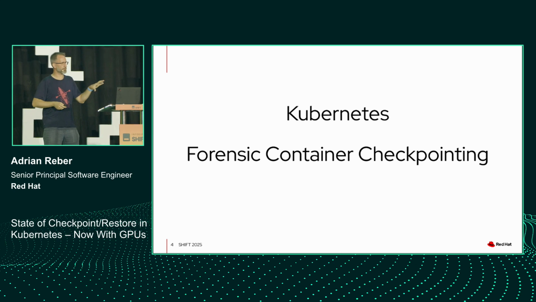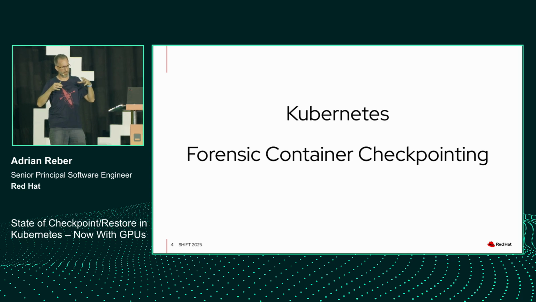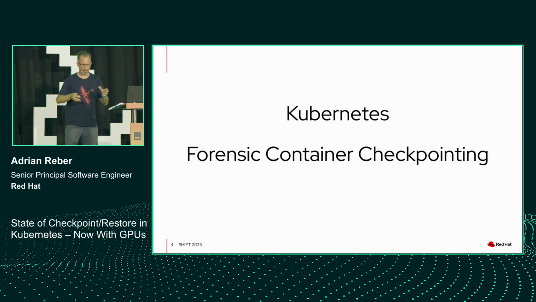The reason why it's called forensic container checkpointing is that when we tried to implement it in Kubernetes, we tried to come up with a story around it, how we can bring it to Kubernetes, which makes sense, but also gives us a way with minimal changes to the code base.